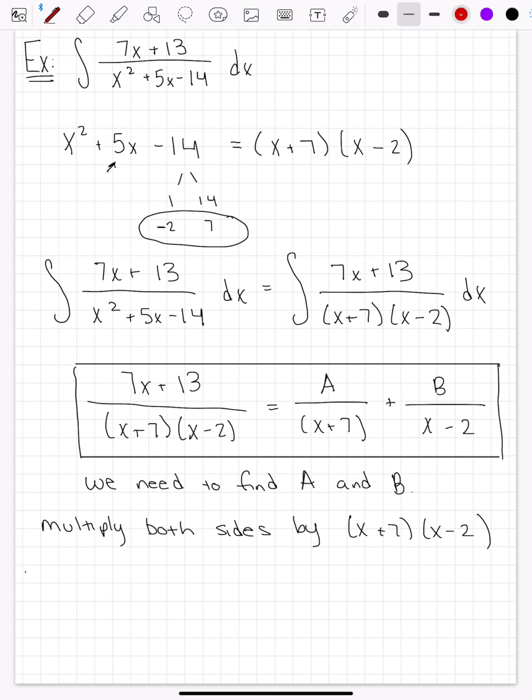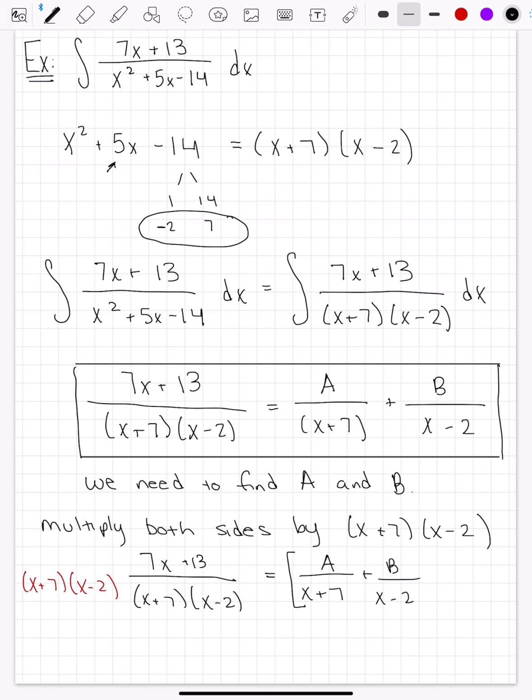It's going to be x plus 7 times x minus 2 times 7x plus 13 all over x plus 7 times x minus 2 is equal to A over x plus 7 plus B over x minus 2, times x plus 7, x minus 2.